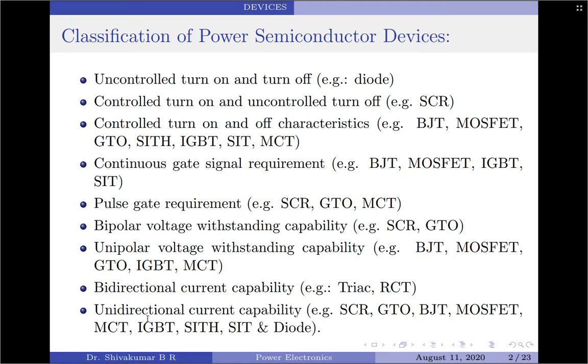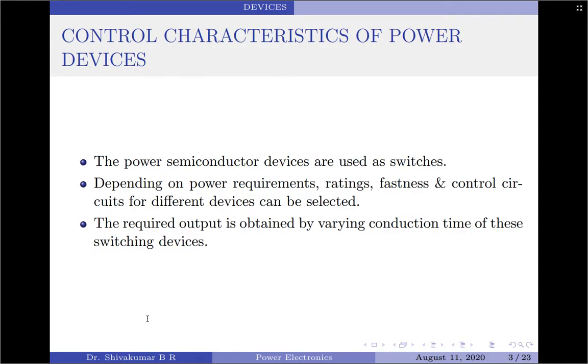We will continue our discussion, and we will go to the control characteristics of some of the power devices that are very commonly used. The power semiconductor devices can be operated as switches by applying control signals to the gate terminal or base terminal of thyristors or BJTs respectively.